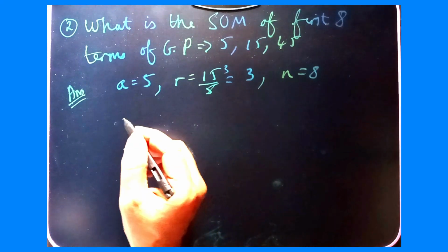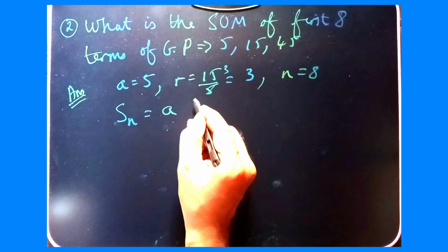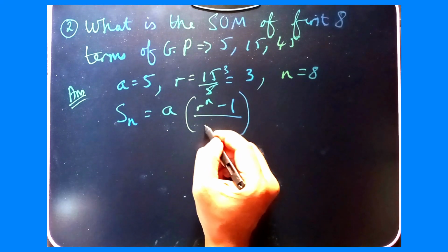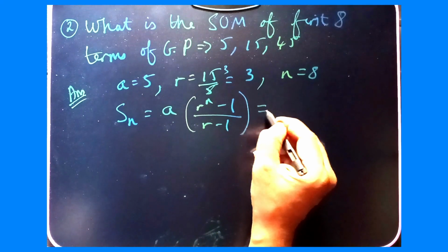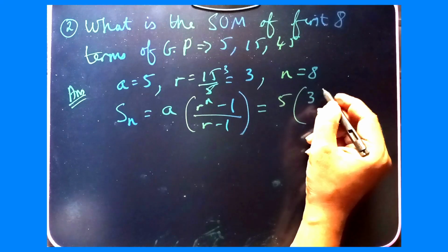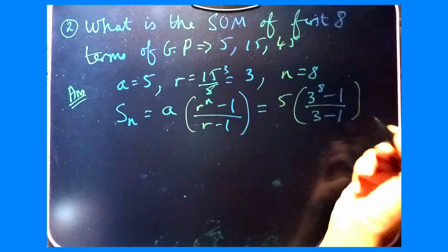Okay, so the sum Sn is equal to a times r raised to n minus 1 divided by r minus 1. How do you solve it? First term is 5, r is 3 raised to 8 minus 1 divided by 3 minus 1.